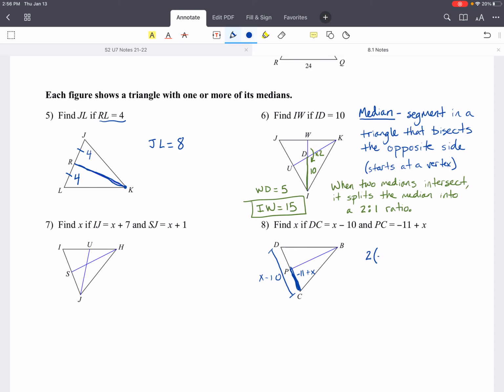We can just times it by 2. So distribute: negative 22 plus 2x equals x minus 10.